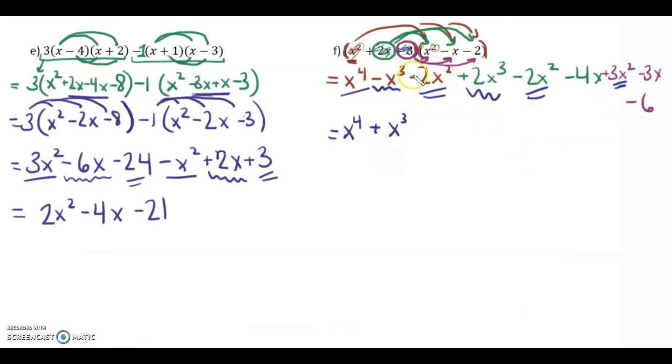So negative 2 minus 2 is negative 4, plus 3 is going to be negative 1. So just negative x squared. Negative 4x, negative 3x is going to be negative 7x, and then the negative 6 is the only like constant term. So there's our expansion.